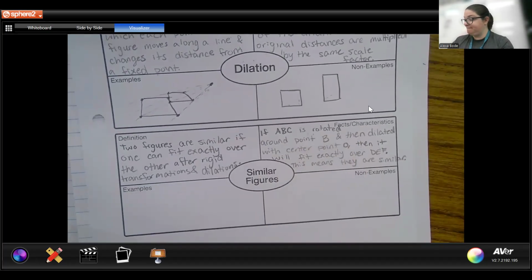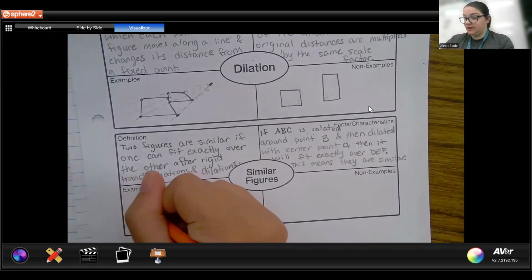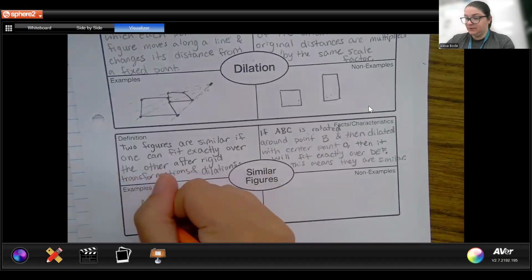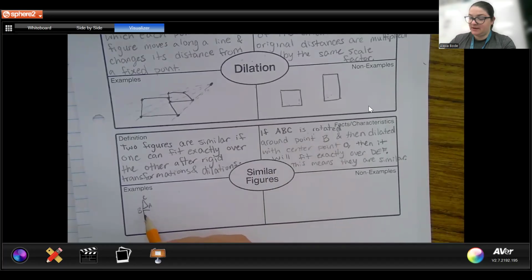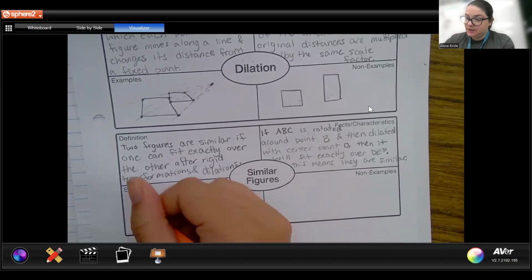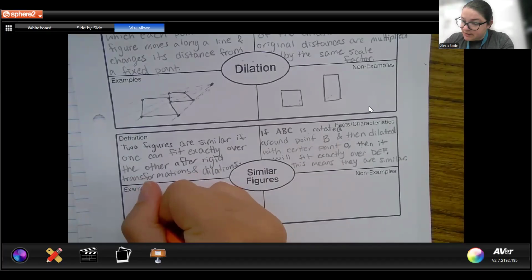Okay. So this one here we're going to have a small triangle labeled ABC. It says in our example up here, we rotated it around point B. So this point B is now going to have this triangle rotated around it.